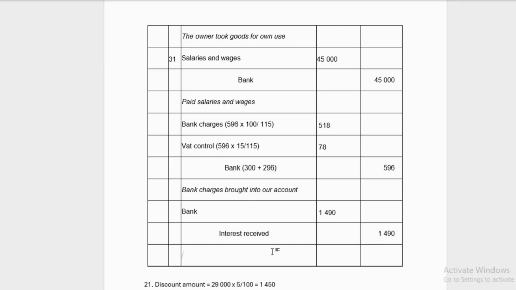Right, and then we're going to narrate for that transaction, which is going to be interest received brought into account, or interest income brought into account. Okay, and then this is the end of our transactions or our question.